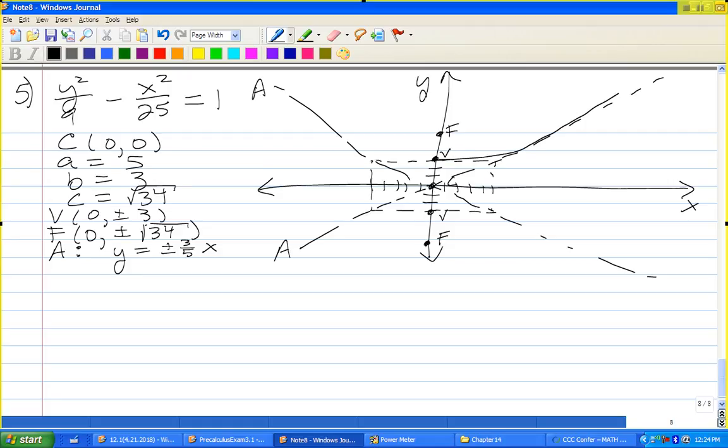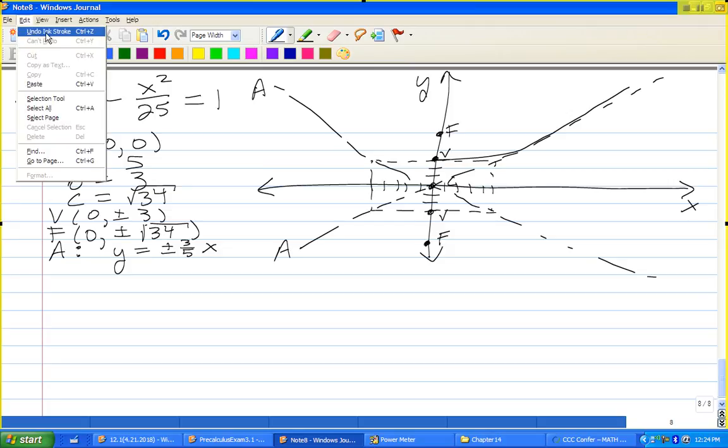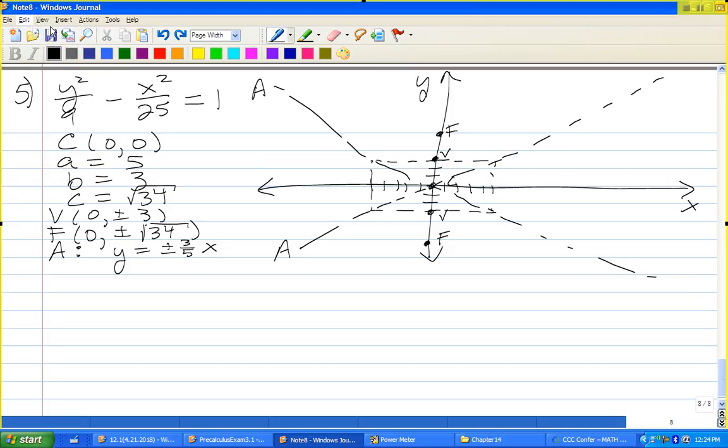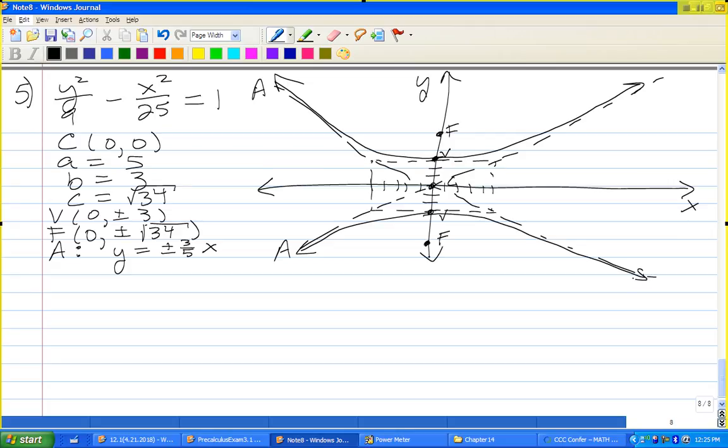Here are my asymptotes. And this is horribly bad. Let's try that again. See if I can do this. And here is my hyperbola. And that is what the graph looks like.